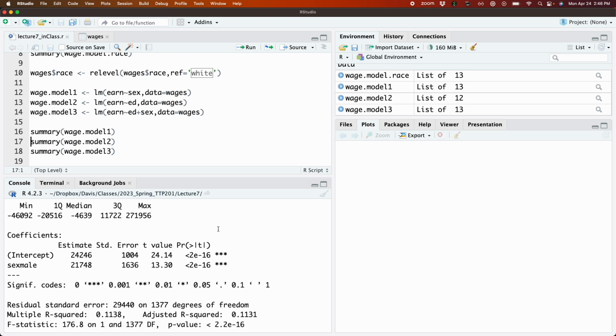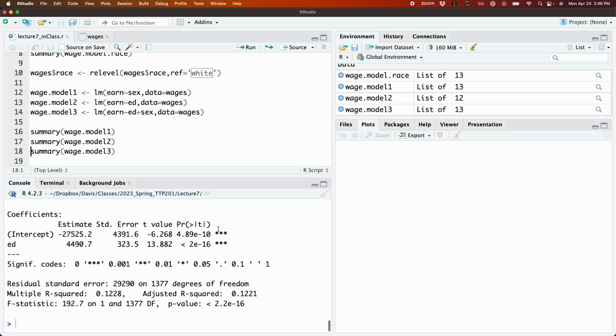Okay, let's look at the second model, which is regressing earnings on education. Great. All right, who can help me out here? Interpretation. Anybody?